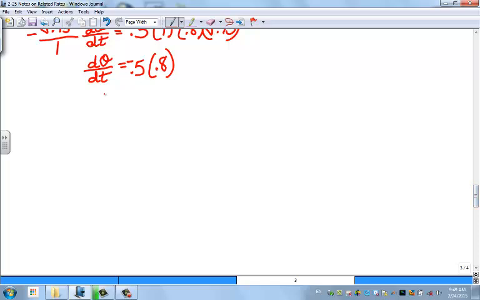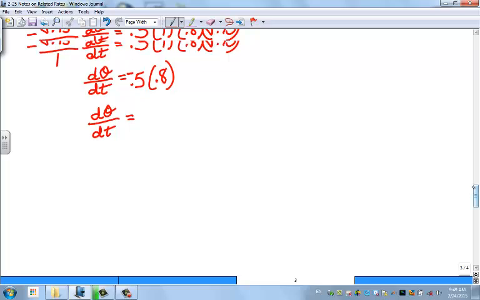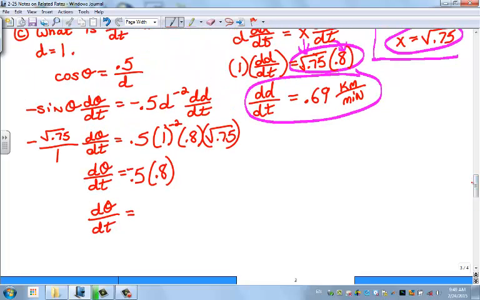Whoa, wait a minute, I did something here. Oh, the negatives cancel on both sides. It is not negative 0.5. It's just positive 0.5, because the negative 0.5 is here from before. So you have negatives on both sides. So this just turns out to be 0.4.